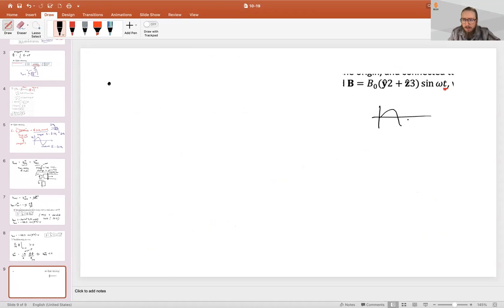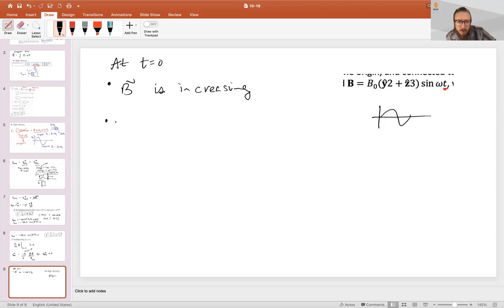which is sine related, right? So at time 0, B is increasing. Okay. And therefore the current, the induced current, right?